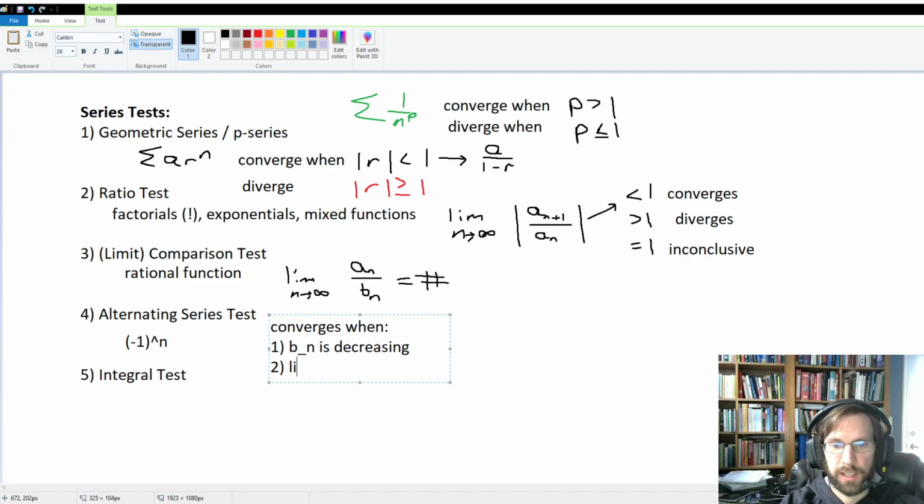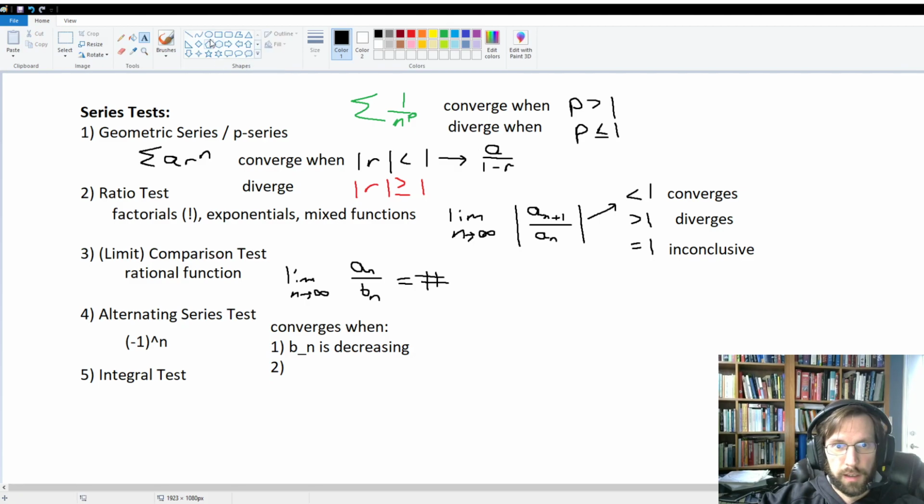And the second thing is that the limit of the b sub n's has to be 0. Okay. And that's where you're adding up something that looks like this.